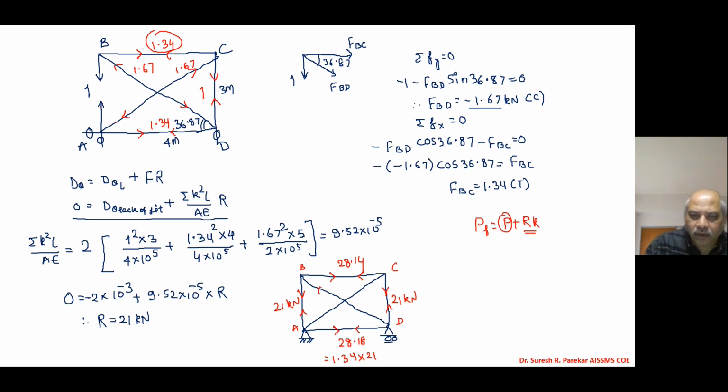And then we have the diagonal, which is in compression, and we have 1.67 into 21, so we will have 35.07 kilonewtons. Likewise, we have to find forces in the members when we have lack of fit.